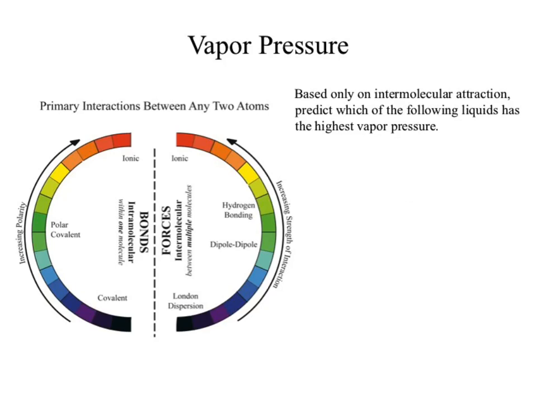So based only on intermolecular attraction, predict which of the following liquids has the highest vapor pressure. Okay, so I removed the answer choices because we want some context on this first. What does a high vapor pressure mean? We said vapor pressure was the amount of gas. There's a lot of gas.